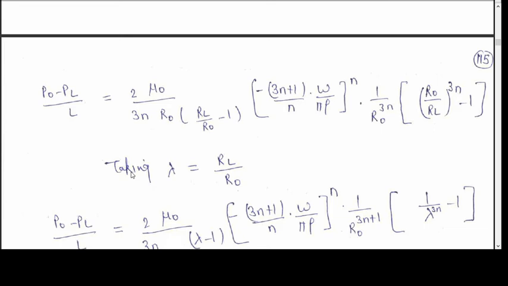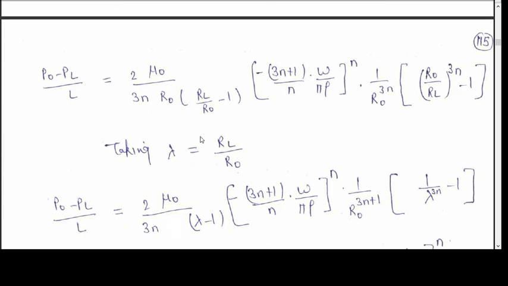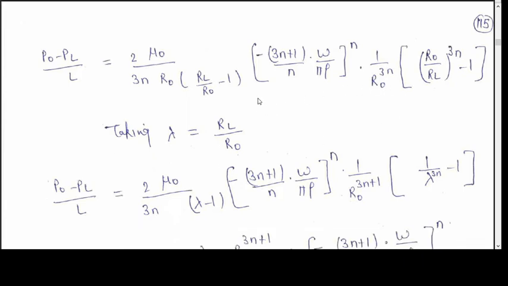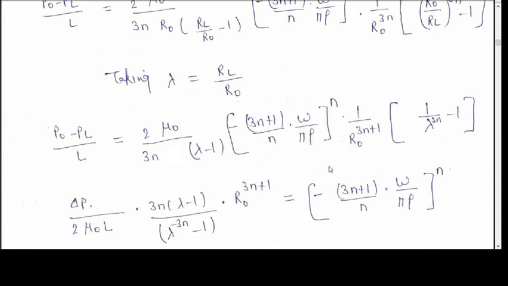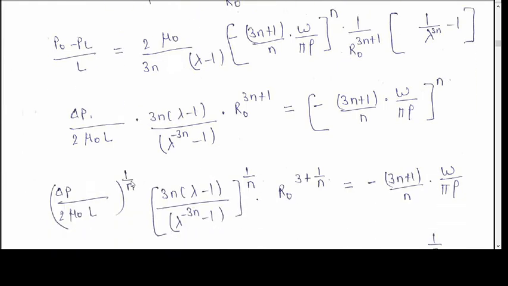Taking rl upon r0 as lambda, we can rewrite this equation in terms of the new variable we have considered. In terms of lambda, the equation becomes something like this. Now we can rearrange it again in terms of lambda to find the equation for delta P, segregating the powers.